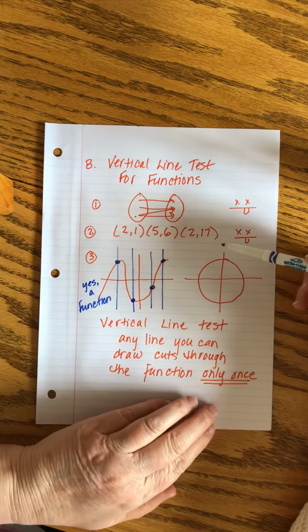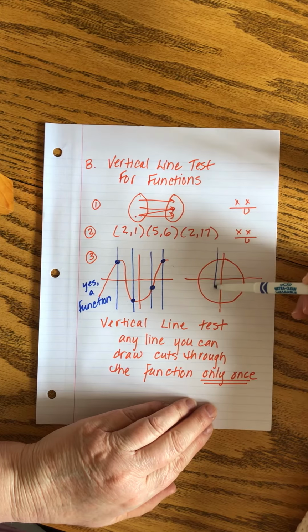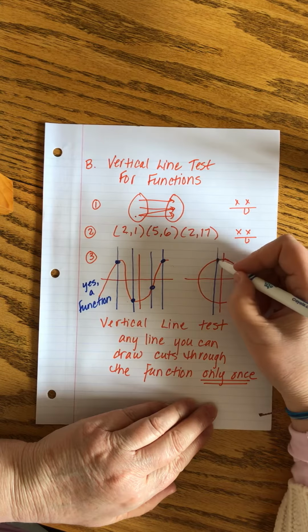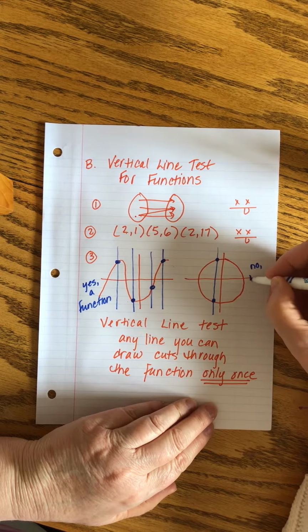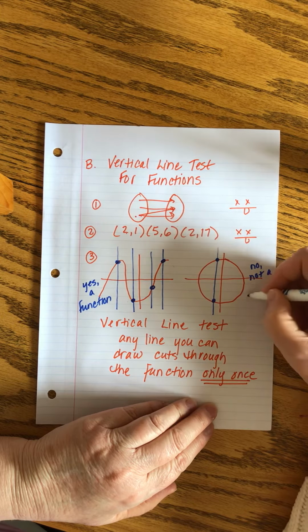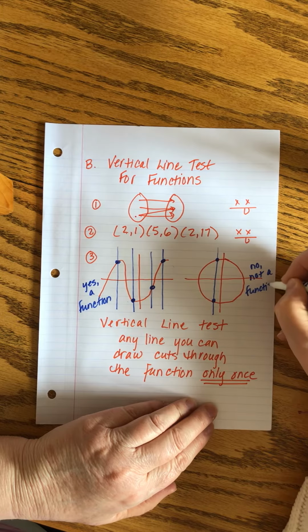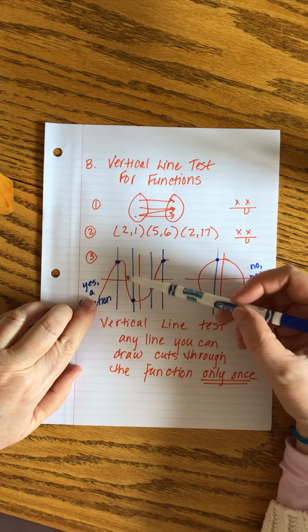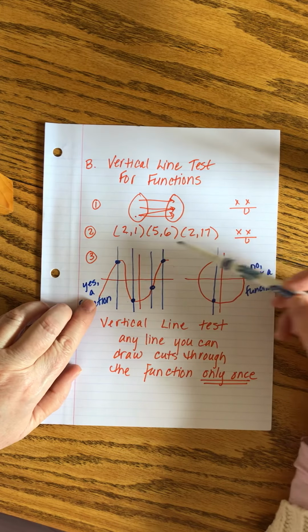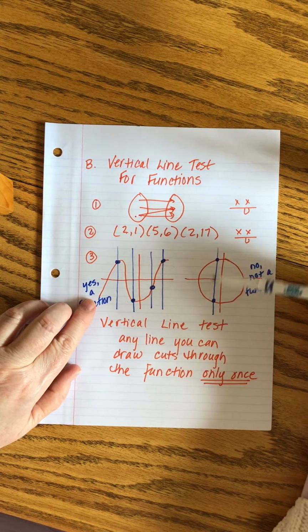This one gives us a different problem, because I can see right away, look, I could draw a line right there, and it's going to pass through twice. So this is not a function. Okay? And you have to kind of use a little common sense on this. Like, I can see in this one, I could draw this curve over and over, but my line would only pass through it once.